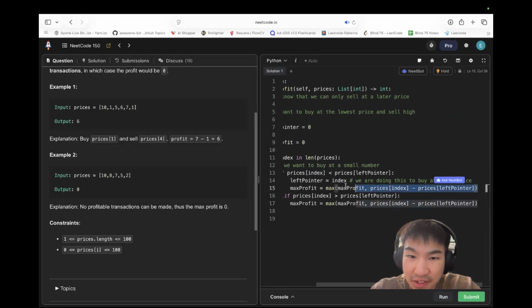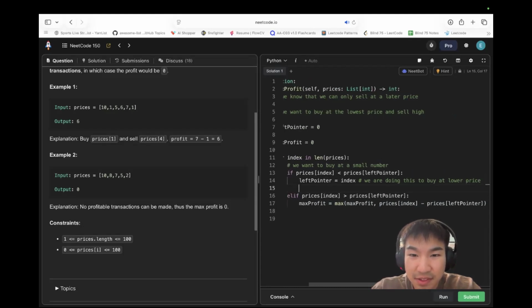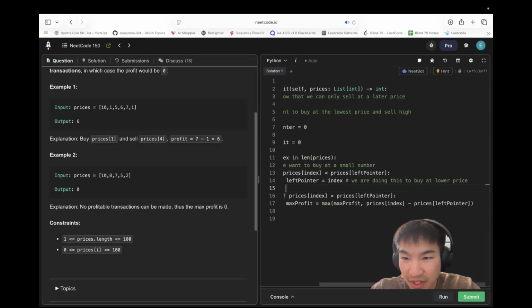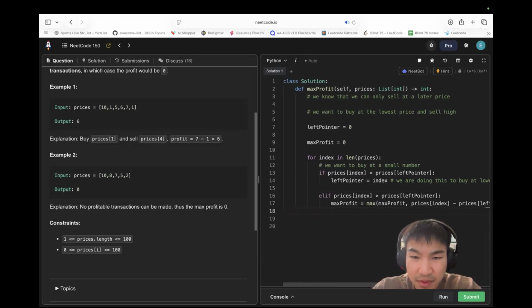Yeah, I guess we don't even have to do this, because when we get a new left pointer, it doesn't really mean anything. I would say this is repetitive. Let's separate them. I think this might be it. Okay, yeah, I think this is good. And now we can just return.